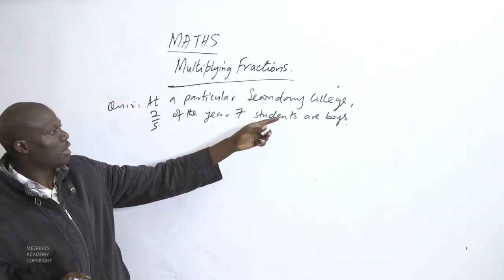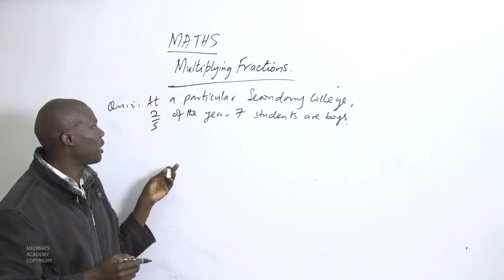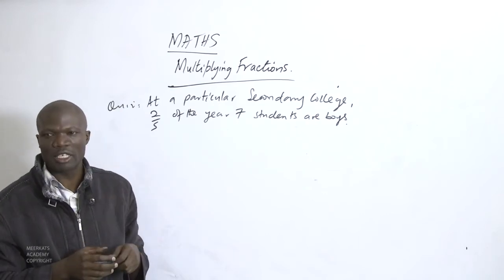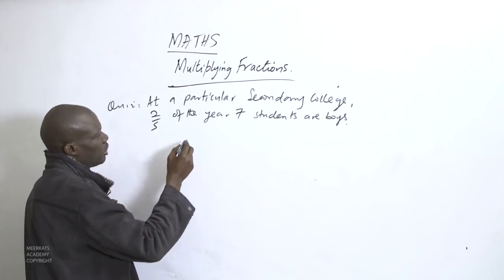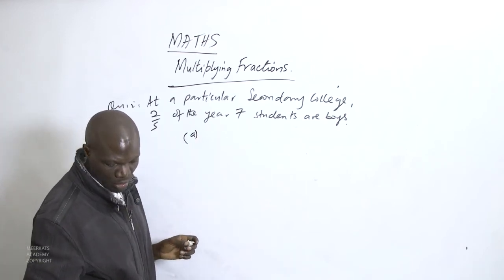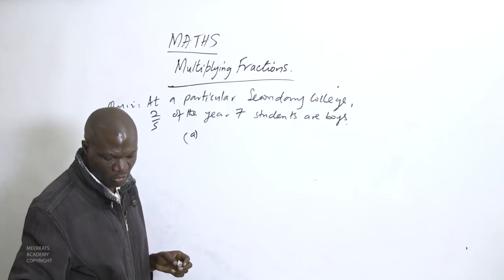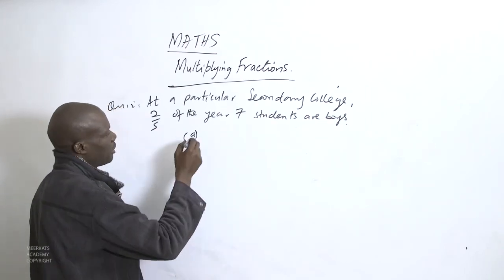At a particular secondary college, 2 over 5 of the year 7 students are boys. Question A. What fraction of the year 7 students are girls?